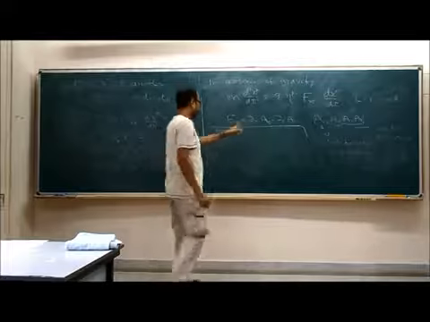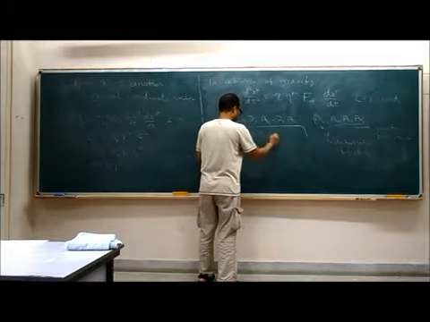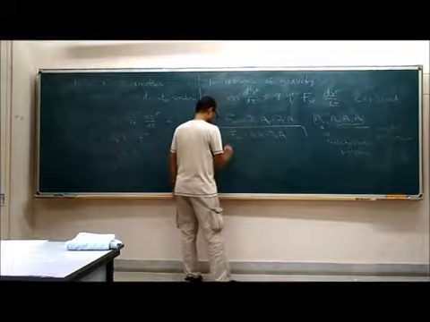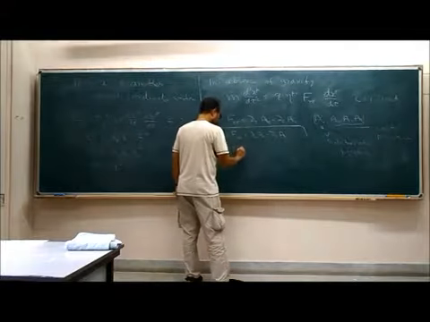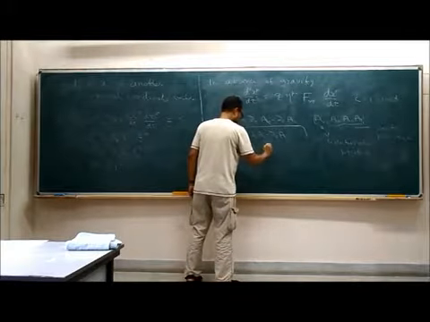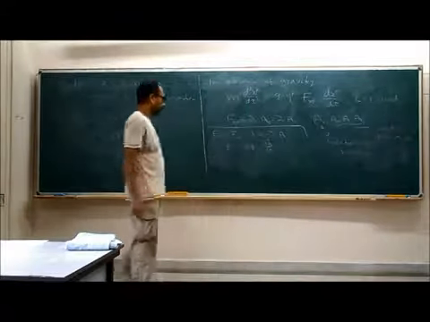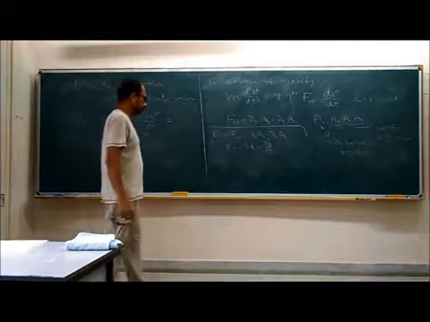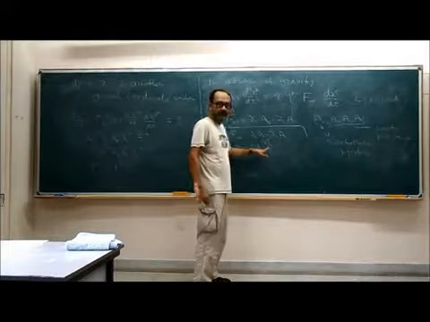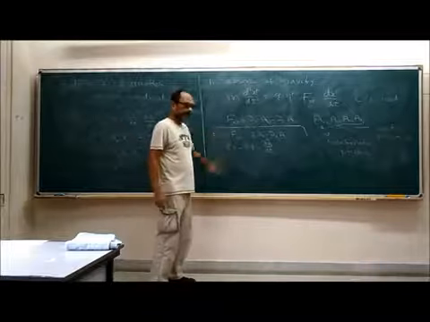So minus F_0i according to this will be del_i A_0 minus del_0 A_i, which translates to E equal to minus grad phi minus del A by del t. This is the familiar expression for electric field in terms of the scalar and vector potentials in electromagnetism. So E_i, that's the definition.